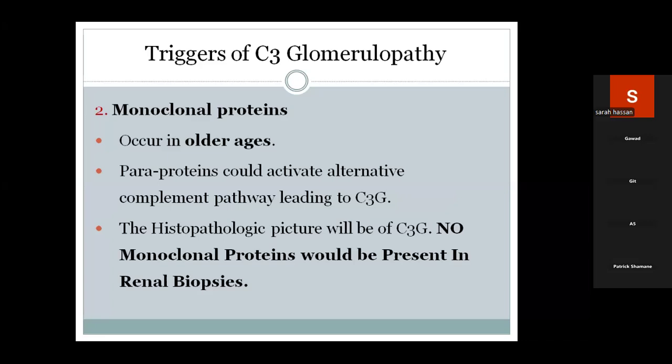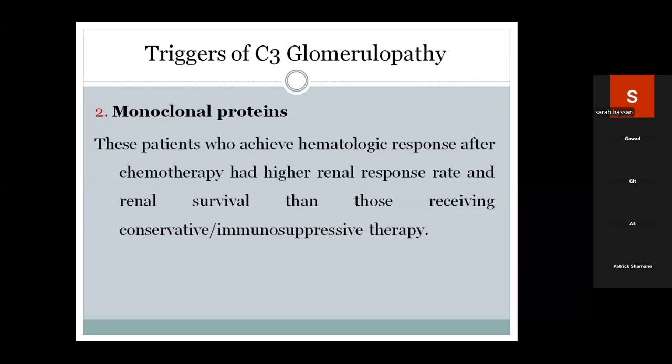Under the light microscope, in the biopsy, we will not see monoclonal proteins deposited; just the triggered complement pathway causes the injury, and no evidence of monoclonality will be present in the biopsy. These patients will achieve remission of their renal affection with chemotherapies that will also achieve hematological remission.